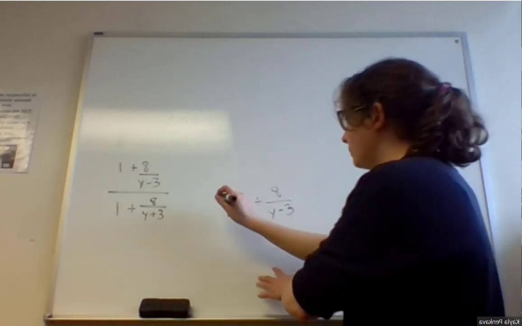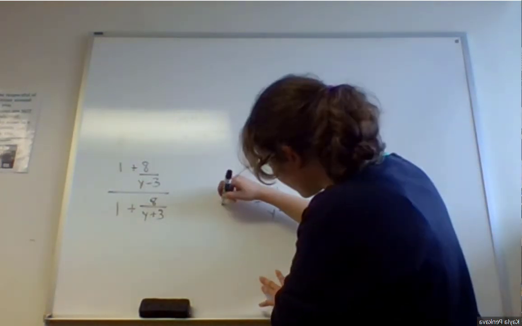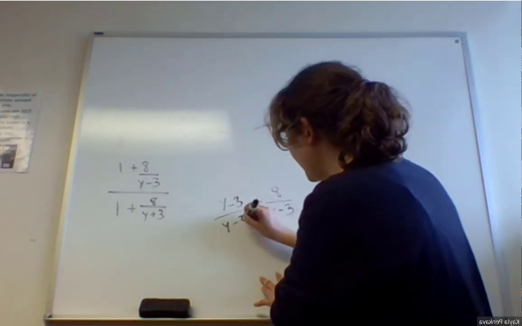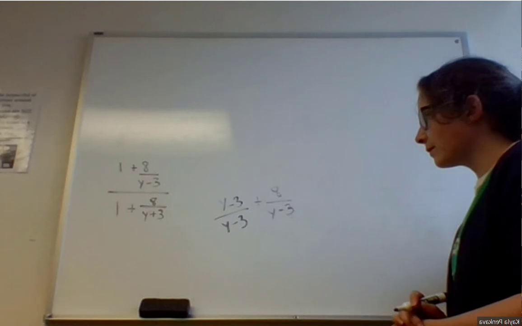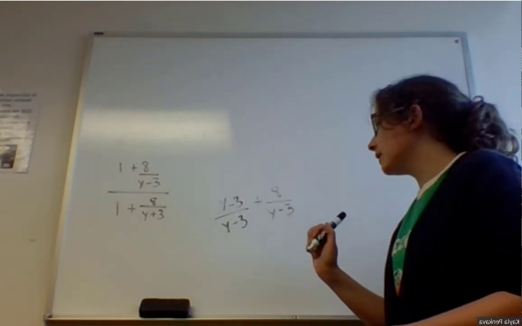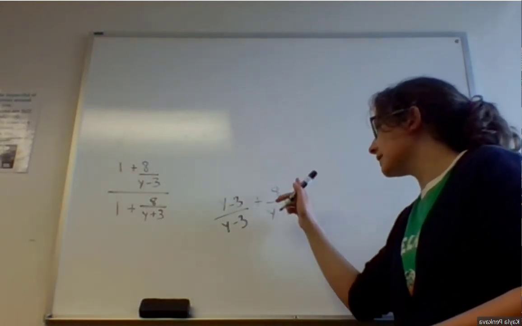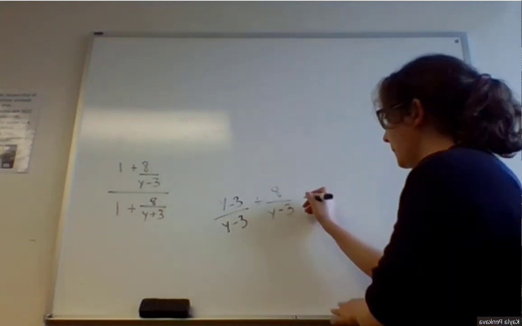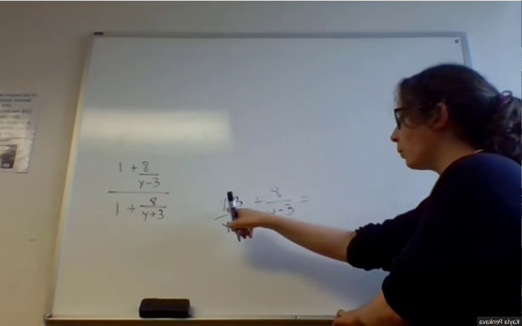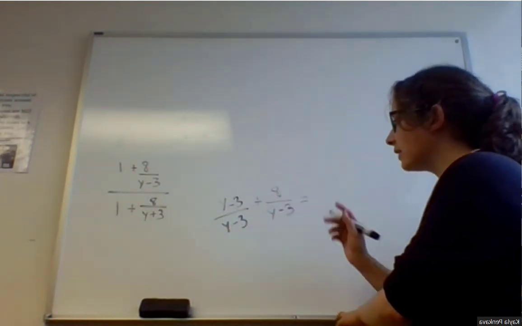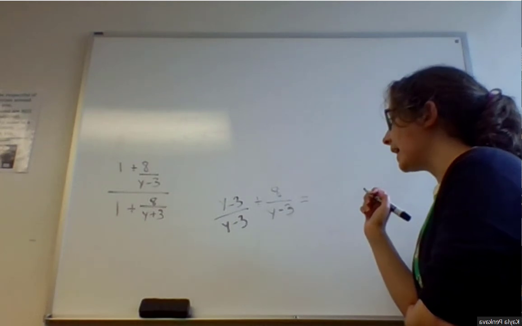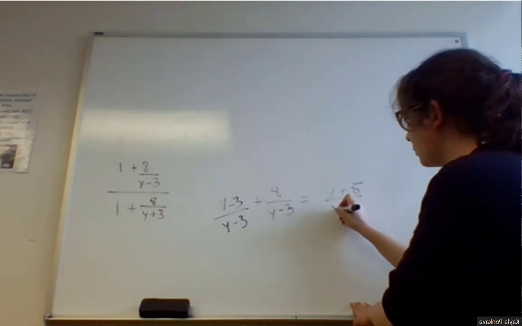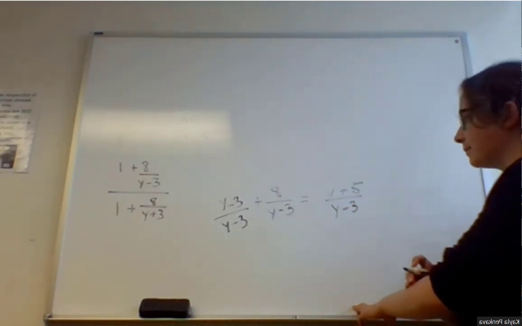So 1 becomes y minus 3 over y minus 3. So now we have y minus 3 over y minus 3 plus 8 over y minus 3. Since they have common denominators, we add across the top. So y minus 3 plus 8, the negative 3 and 8 can be added together. So you have y plus 5 on top and y minus 3 on bottom.